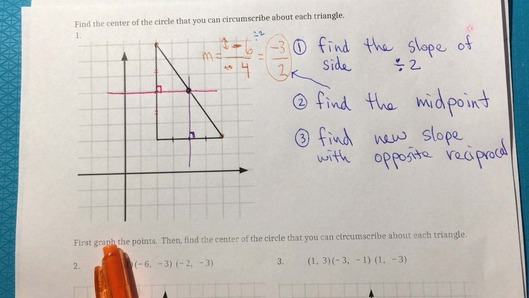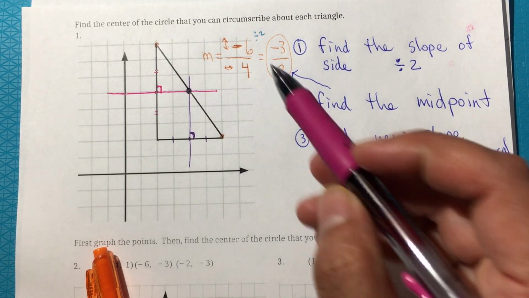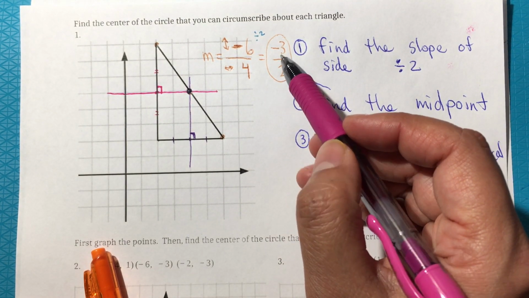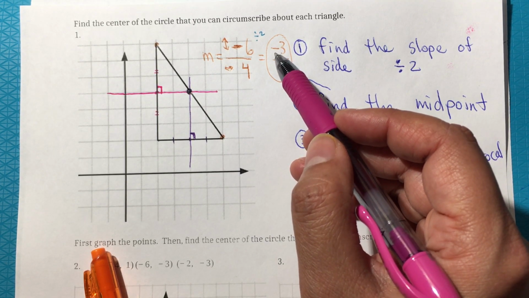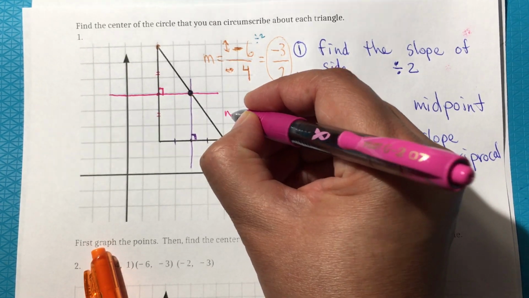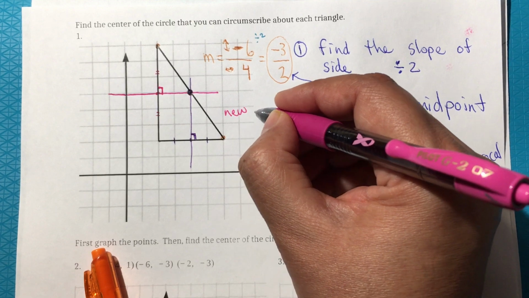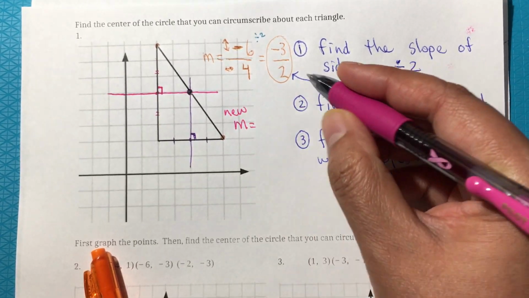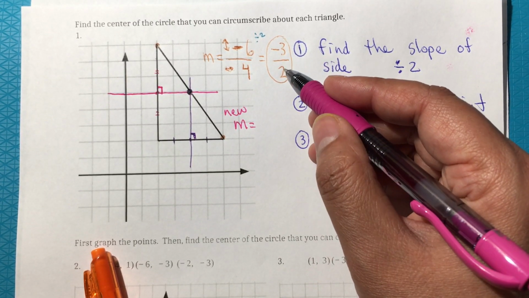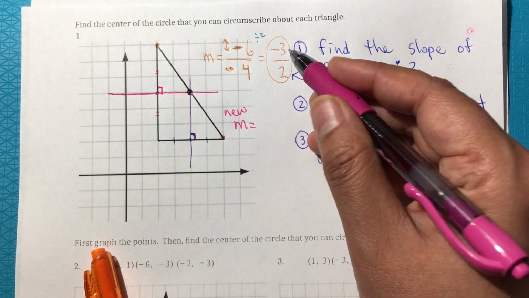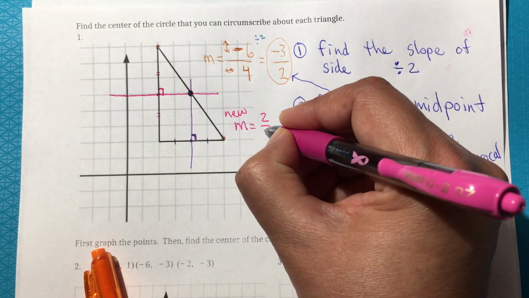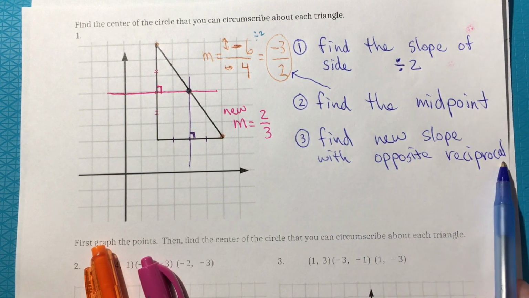And the opposite reciprocal of -3/2, if it's negative, then the new slope will be positive. Okay, it's positive. And instead of 3/2, it will be 2/3. So we found the new slope.